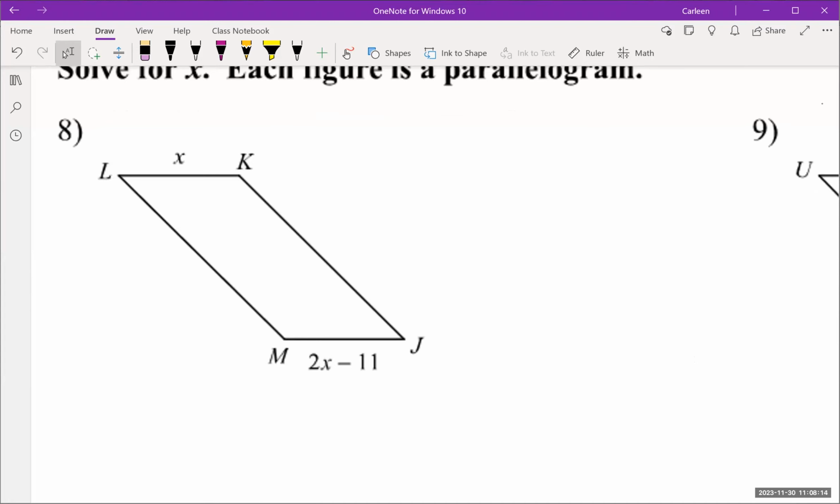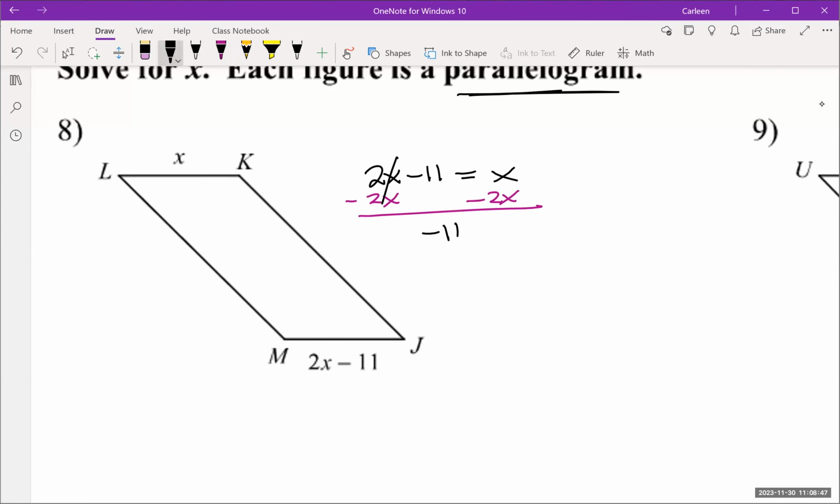So, what do we know about opposite sides of a parallelogram? Opposite sides are equal. 2x minus 11 is equal to x. Okay, so I'm going to go ahead and subtract 2x, even though it's my biggest. It'll be fewer steps.